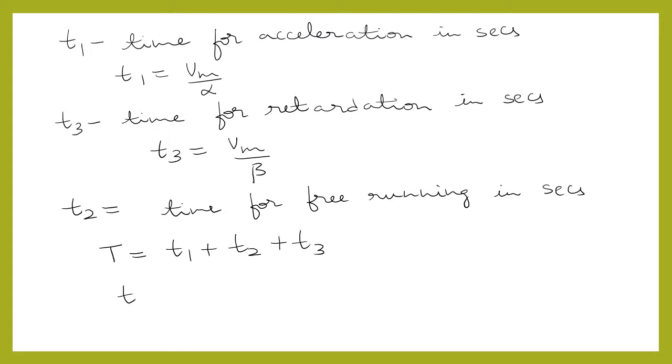Therefore, t2, that is the time for free running, is t minus (t1 plus t3). So we have the speed time curve as shown in the figure.